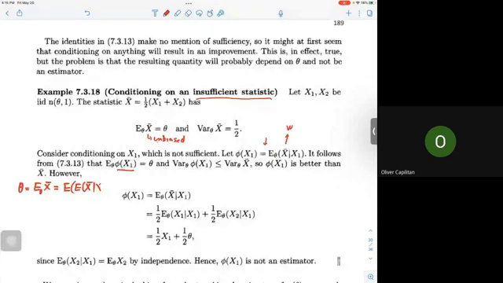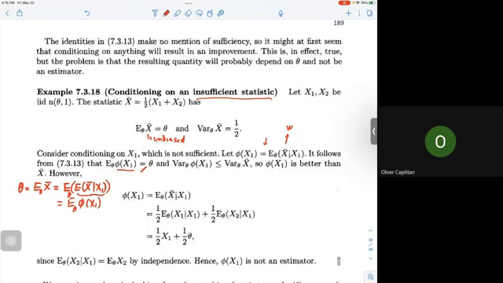This is equal to the expectation of phi of X1, which we defined earlier. So the expectation of phi is theta. That is the justification. Next, what about the variance of phi of X1?